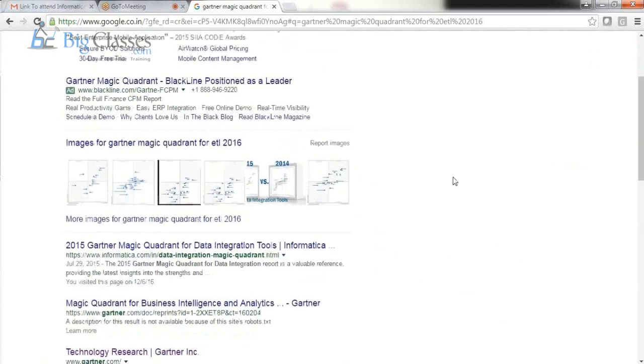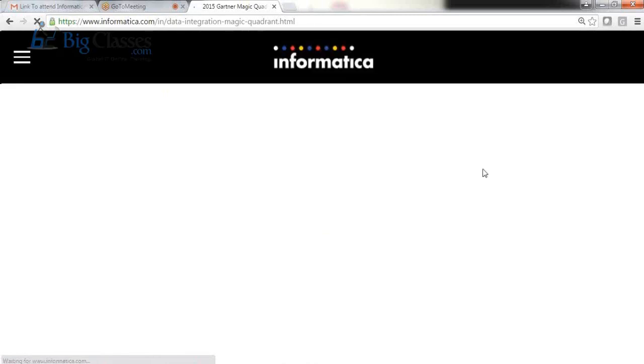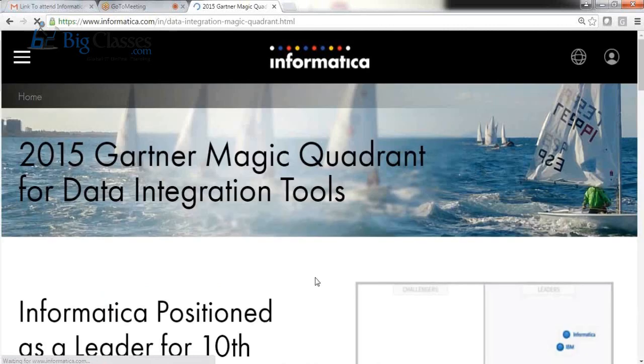See, this is the Informatica website. Just give me one moment, it's loading. Yeah, see, this is the Informatica official website.